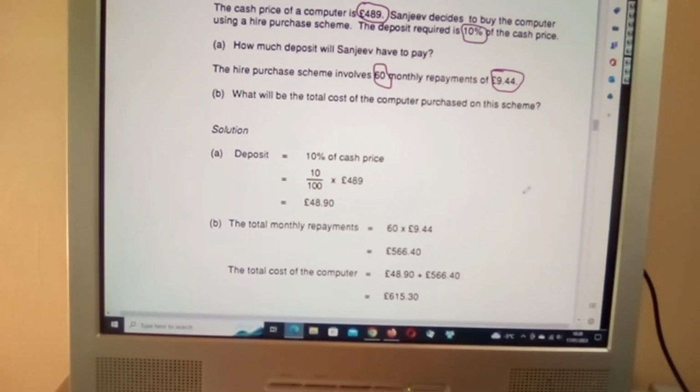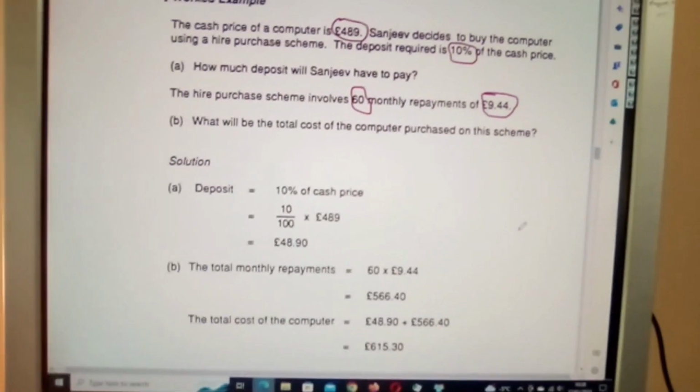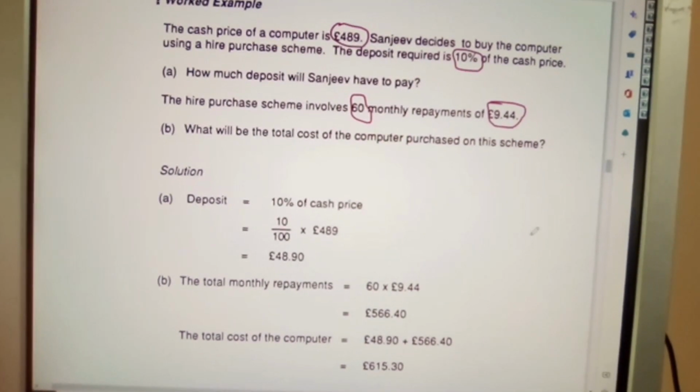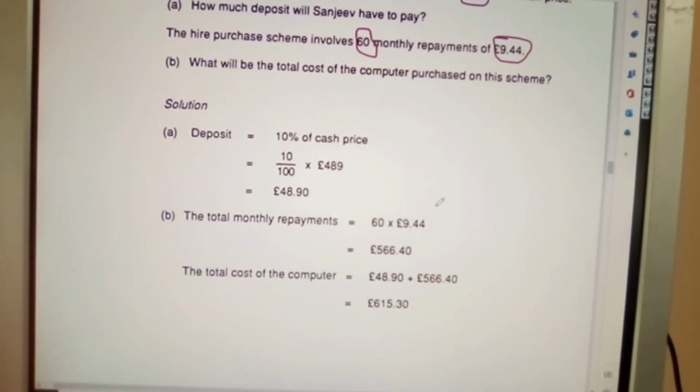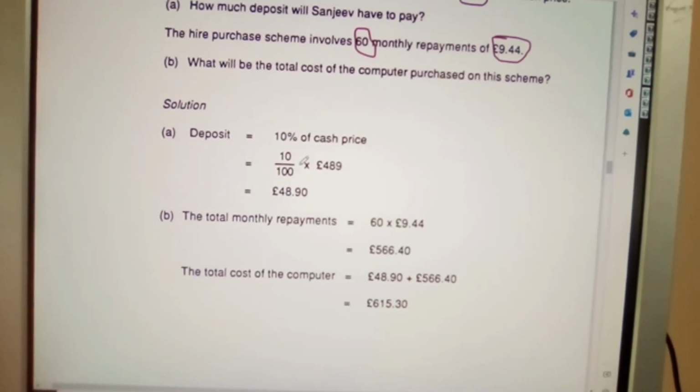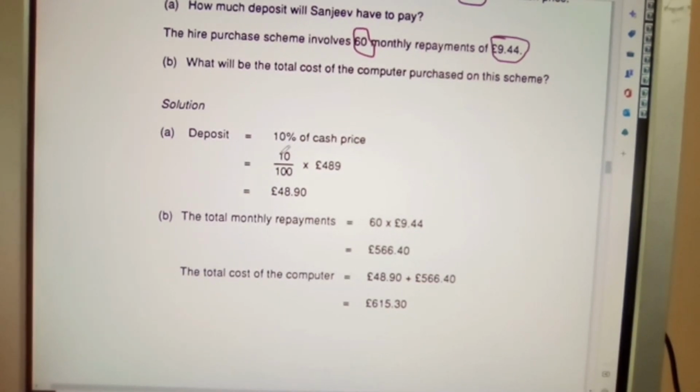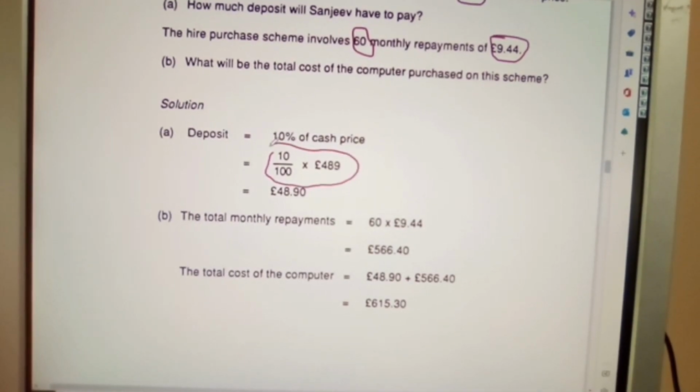I'm just panning back a bit to make sure that it is in view. Everyone can see it? So we now have a deposit. When we apply this principle again, you should be familiar with it by now. Write it out. That gives us £48.90.